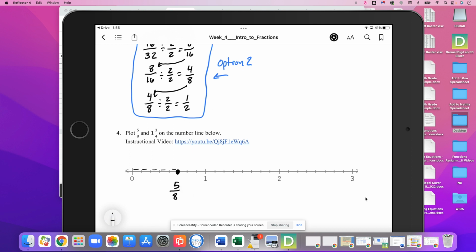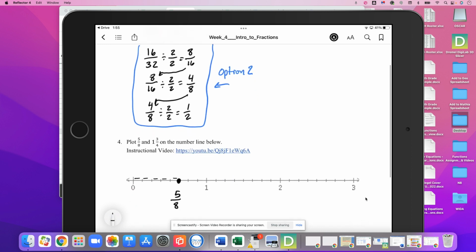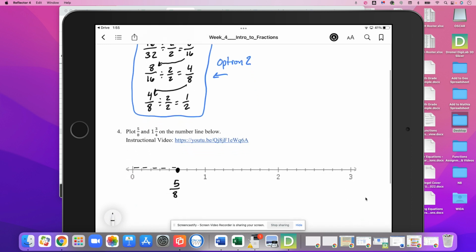And then 1 3/4. In order to do that, I need to think about 3/4 as eighths. So let's take 3/4. If I want to turn 3/4 into eighths, I need a denominator of 8. That means I need to multiply my denominator by 2, so I need to multiply my numerator by 2.